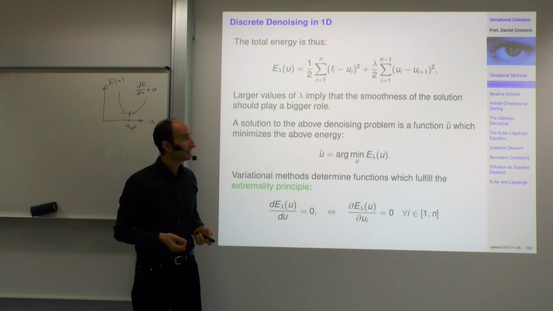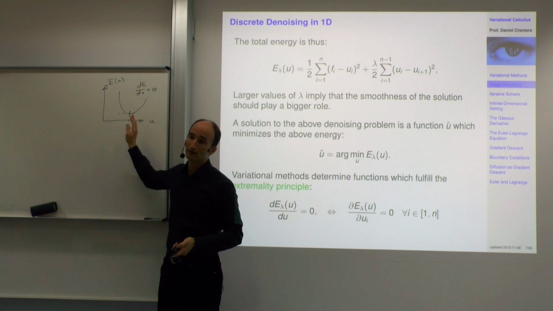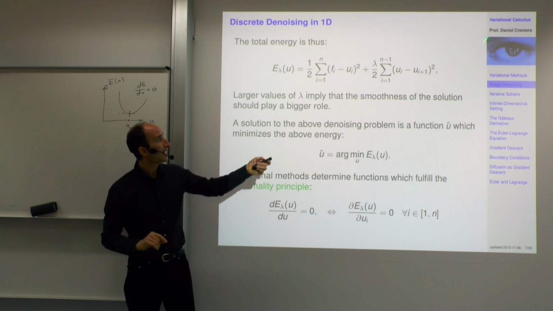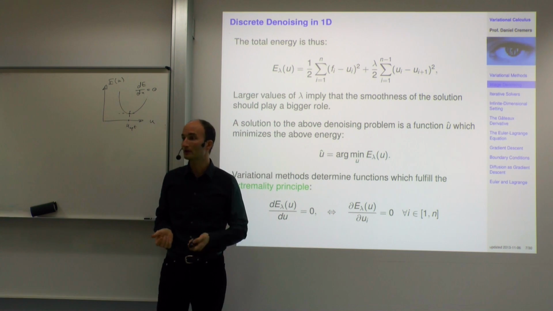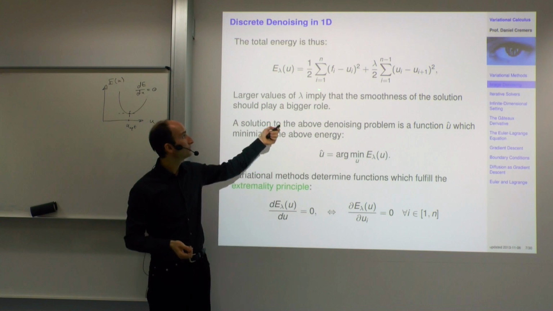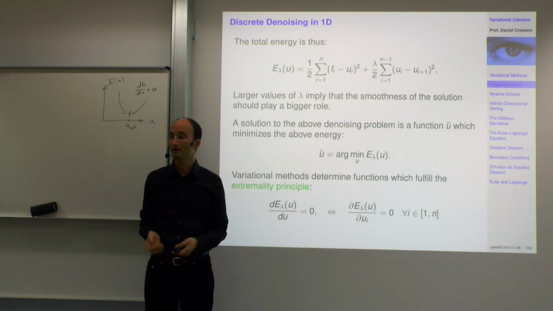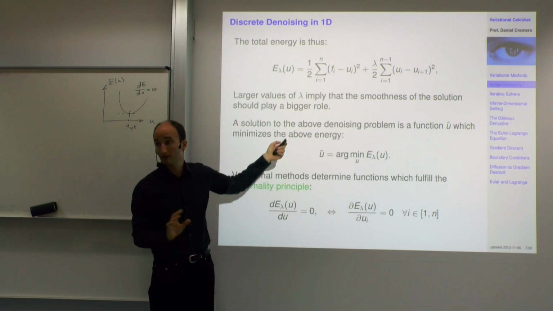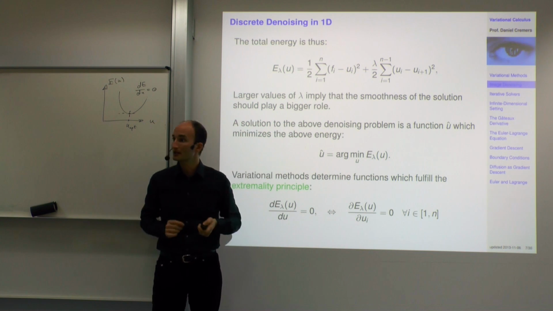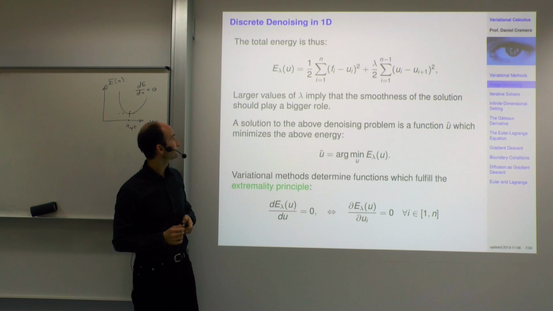What is relevant is the location of the minimizer. And so additive terms, constants that you add to the energy, have no effect on the minimization, and multiplicative factors also have no effect. Unless, of course, you multiply only one of the two terms. That, of course, changes the solutions.